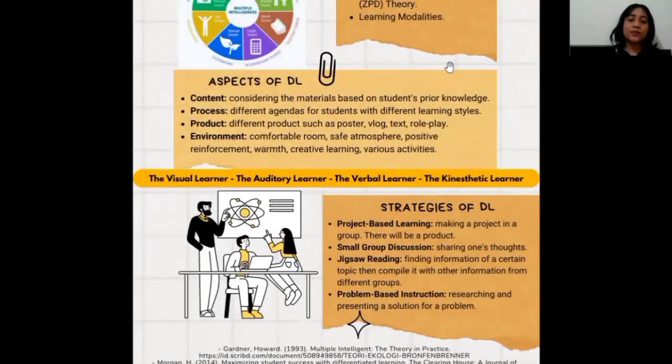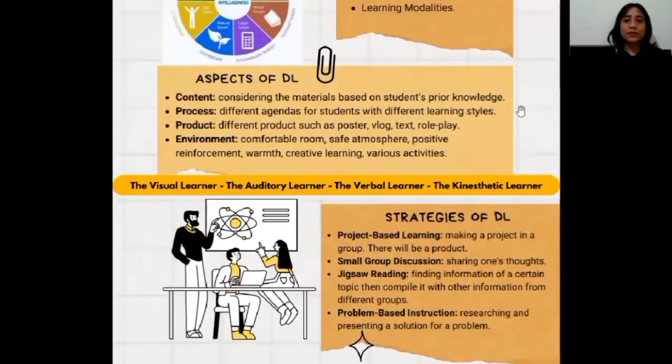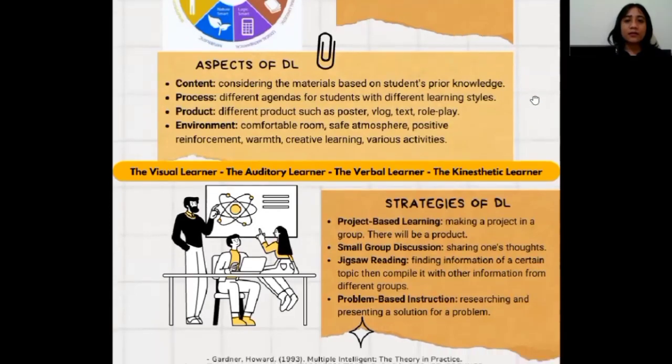Next, there are aspects of differentiated learning. There are 4 aspects of differentiated learning. We can choose 1, 2, 3, or 4 to make the learning process more varied.